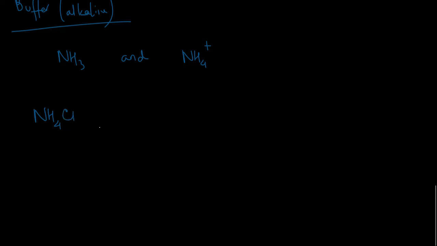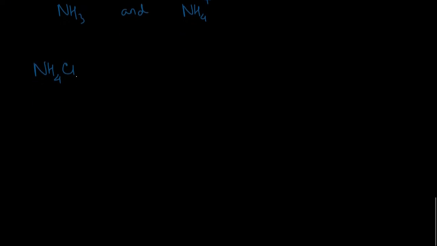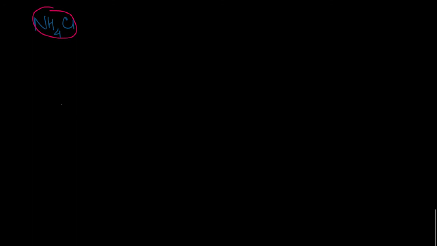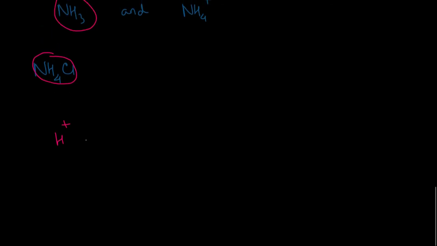Okay, so what would happen when you add H plus ions? So the idea is that I have a huge amount of this salt and I have a huge reservoir of the ammonia. So when you add H plus ions, the ammonia is going to come into action.